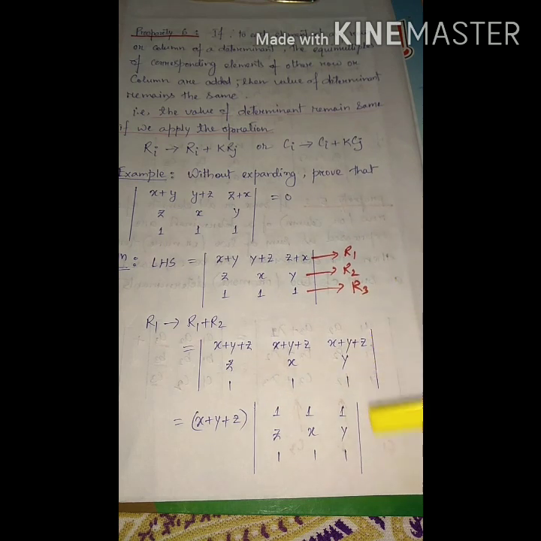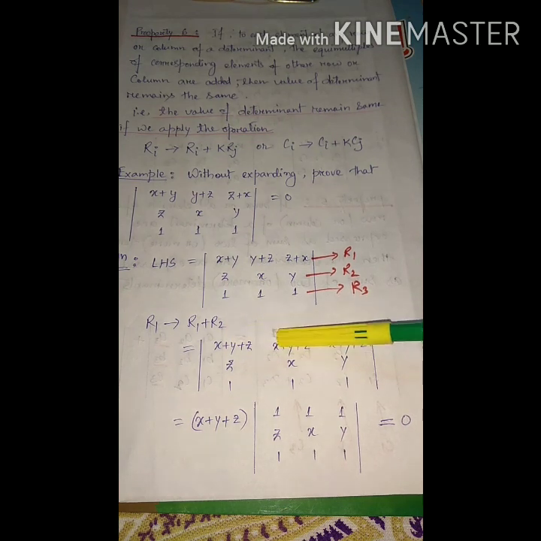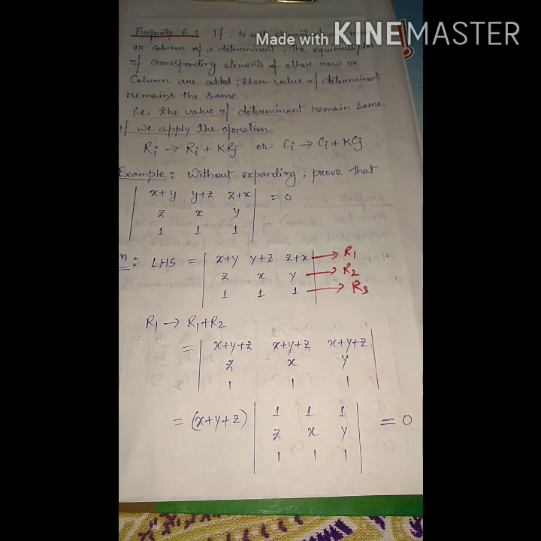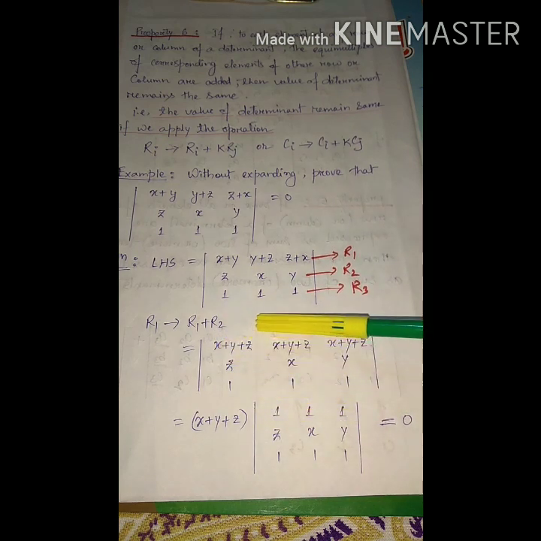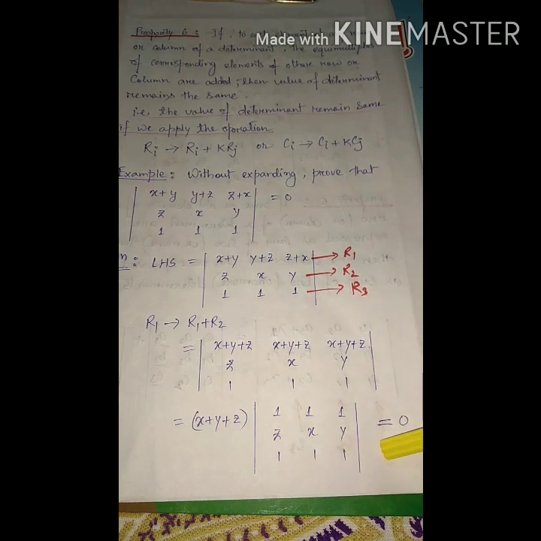In a determinant, we already know a scalar can be taken common from any one row or any one column. Here x plus y plus z is common from the first row. If you take it common, then 1 1 1 remains. But in the case of a matrix, when you take common, you have to take it from each and every element, whereas in a determinant you take common from any one row or any one column. So we get x plus y plus z times the determinant with rows 1 1 1, z x y, 1 1 1, which is 0.